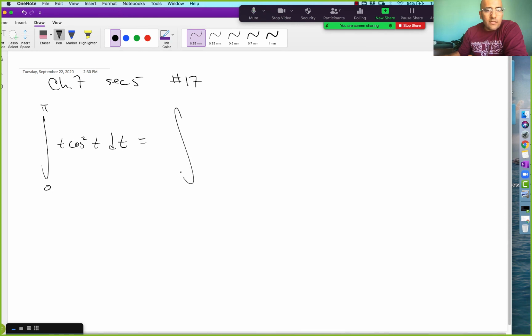So let's integrate from 0 to pi of t, and then I'm just going to replace my cosine squared t using my power reduction formula of 1 minus cosine 2t over 2, which is the same thing as 1/2 minus 1/2 cosine 2t, dt.